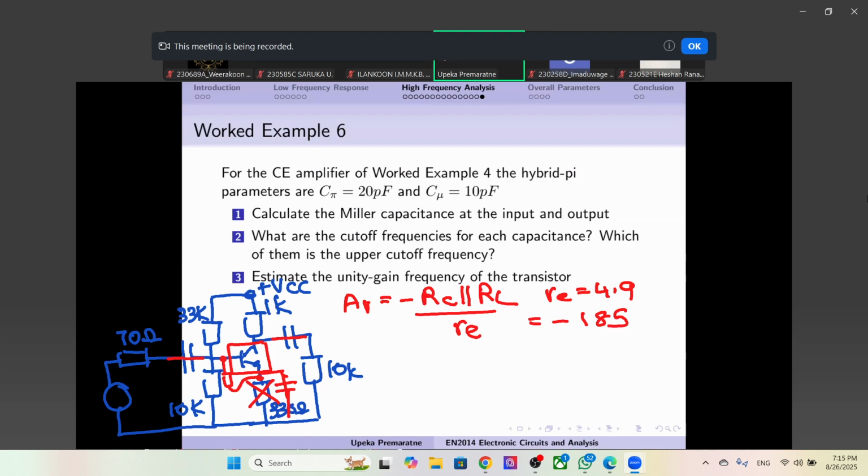So now what we have to do is, first of all, calculate the Miller capacitances.